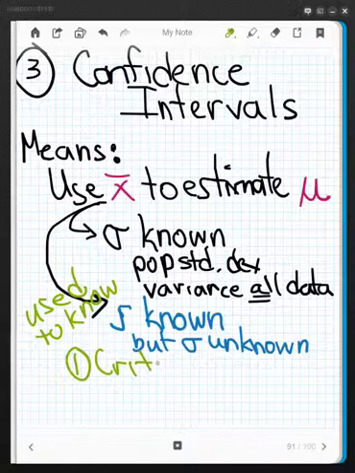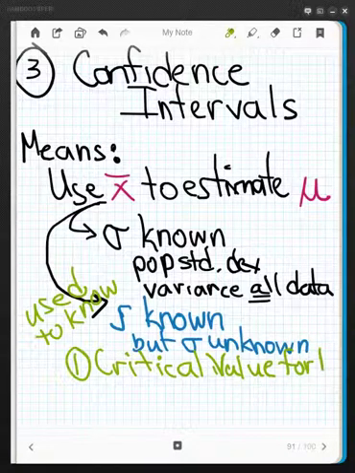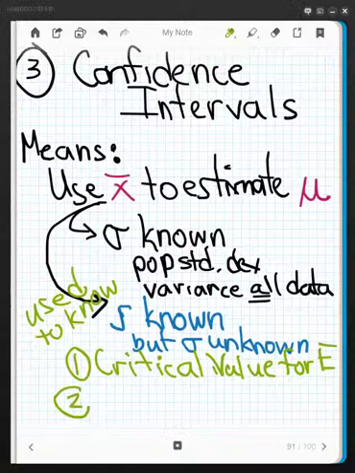It's used to tell us what is the critical value that we're going to use in that margin of error computation, the E computation.